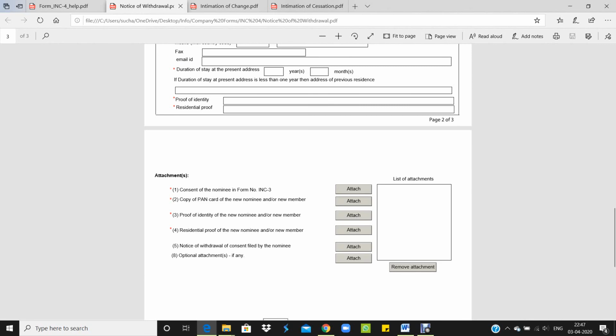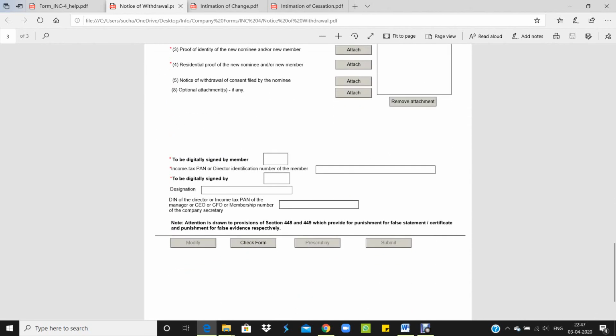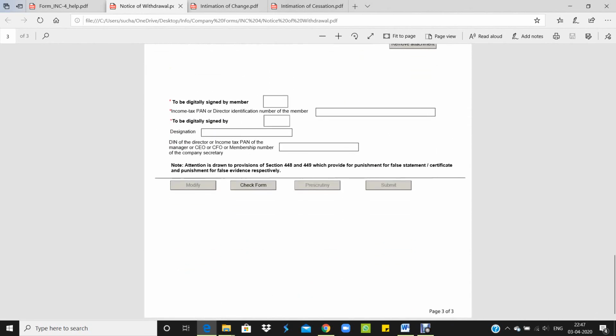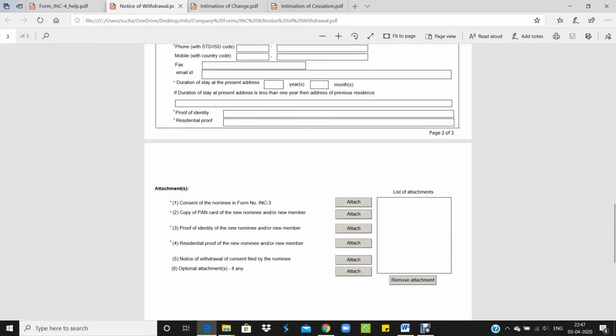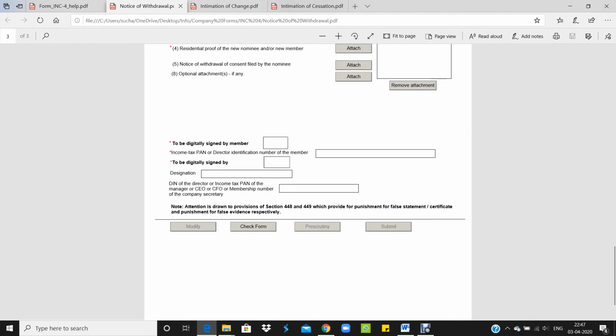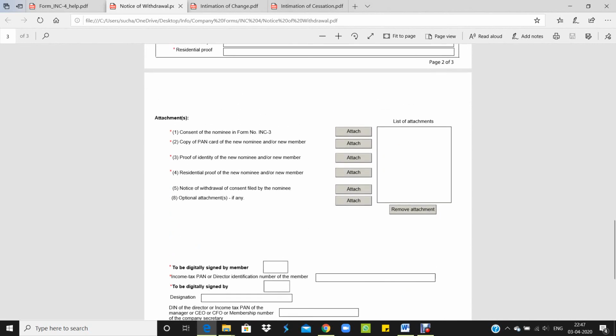After filling in all these details, and before signing the document with DSC, we first have to click on check form. If any mandatory field is not filled, then when you give check form, a dialog box will appear stating that this mandatory field is not filled.